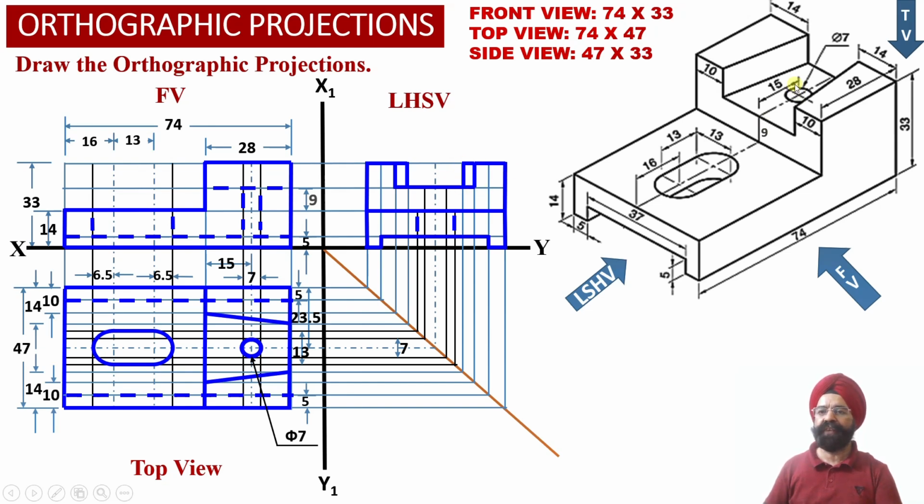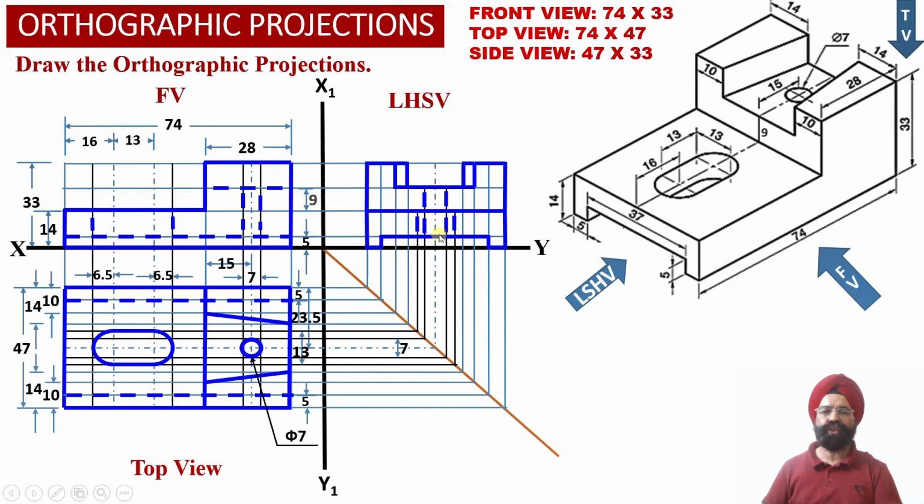And finally here we have got a circular slot which is again not visible to the observer from here. So this is having these two extreme diameter points over here. So corresponding to these two extreme diameter points up to this depth, we are going to have dotted line or the hidden line projections corresponding to the circular slot available with us into the left hand side view projections as an apparent shape projection over here.